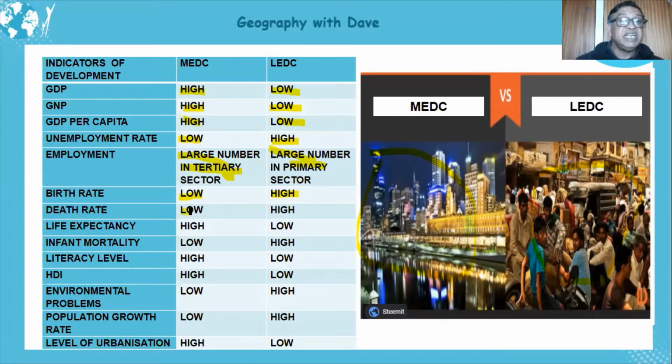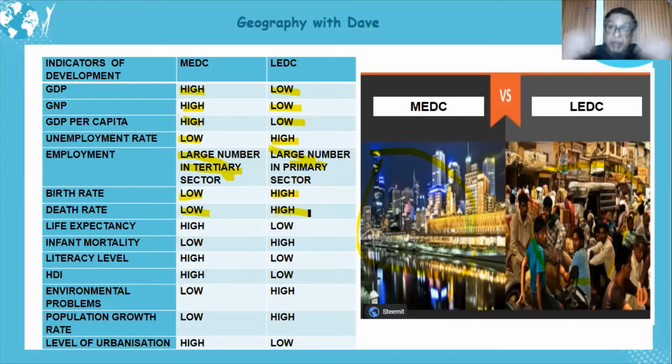Of course, death rate is low in the MEDC and high in the LEDC. In the MEDCs, they have good medical conditions, they earn good salaries, they can pay for their health, and they eat healthy. LEDCs, far less. You understand? So they don't have full medical care for everybody. The quality of medical care, unfortunately, for many people is not as good.